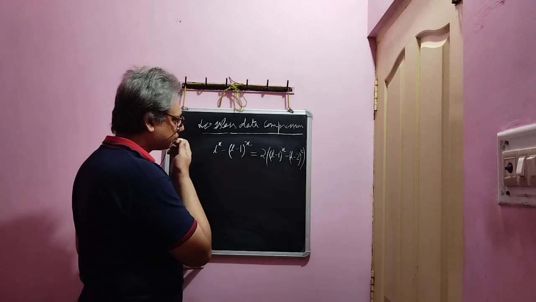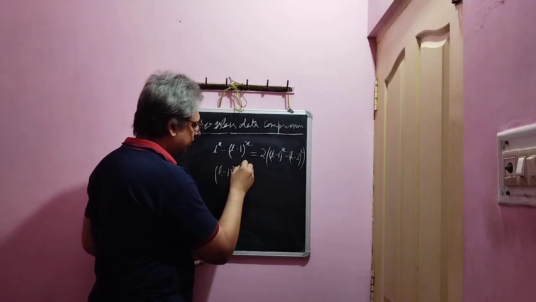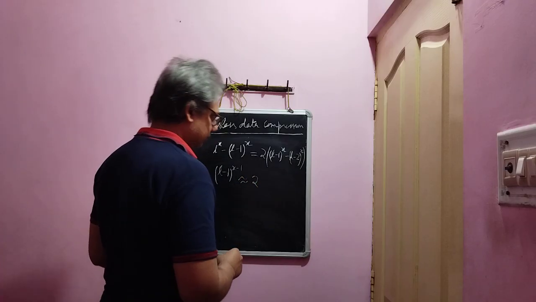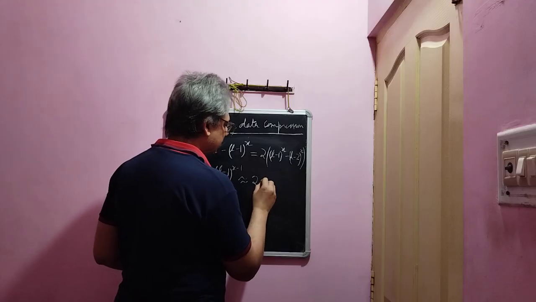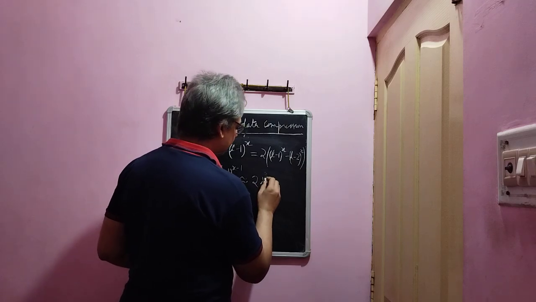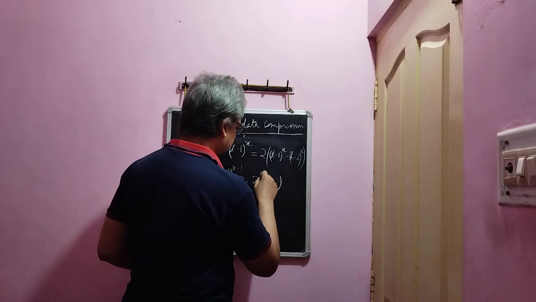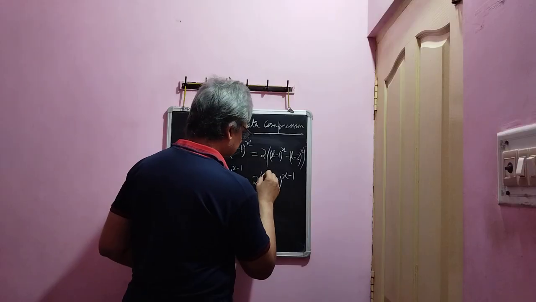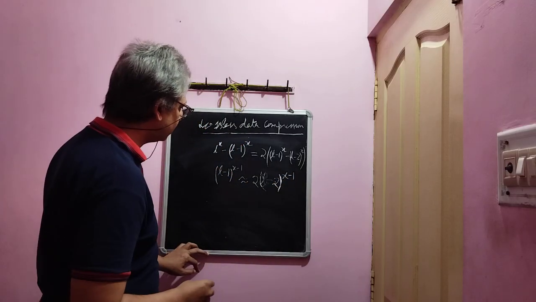In other words, we require L minus 1 whole power x minus 1 should be nearly equal to 2 times L minus 2 whole power x minus 1.